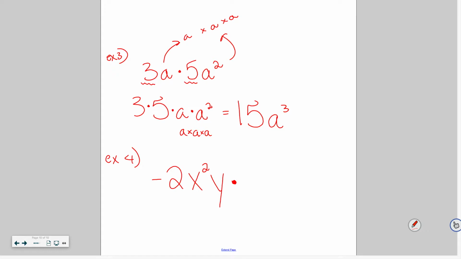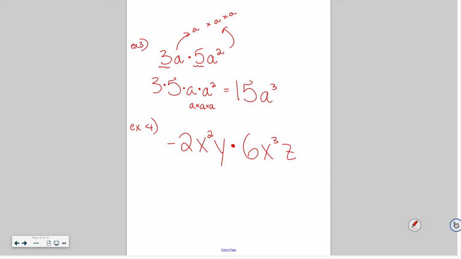Because I think a lot of you guys are not finding this super hard. 6x to the third. Not nice. z. This is not nice. Take a wild and crazy guess because it's fun. Why not? Negative 2.